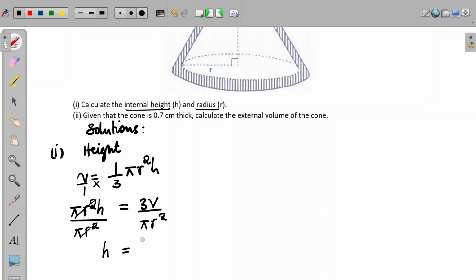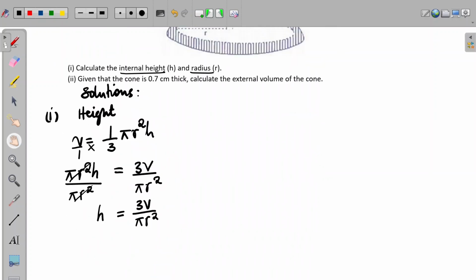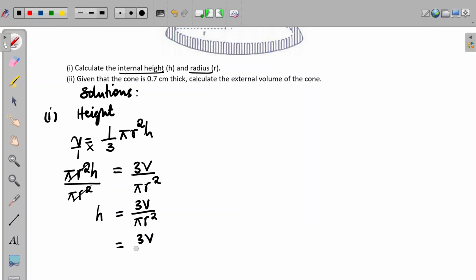Okay, so it is now moving well. You have seen that pi r squared is area. So it means that our formula is just going to be height equals 3 times v over area. Having known that, we shall just get the values.